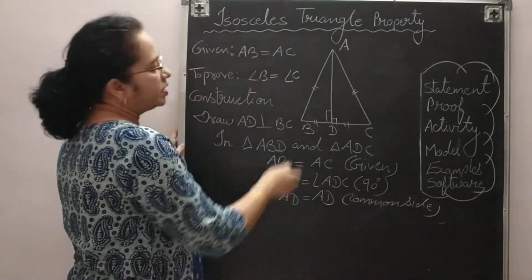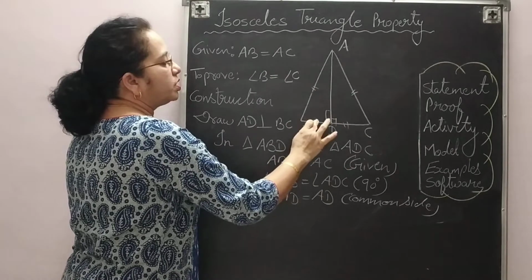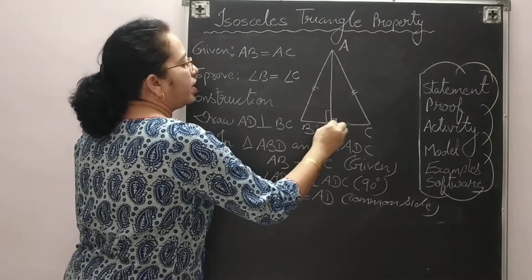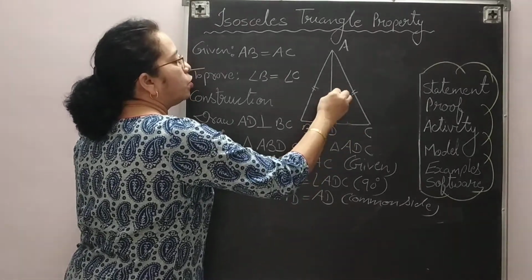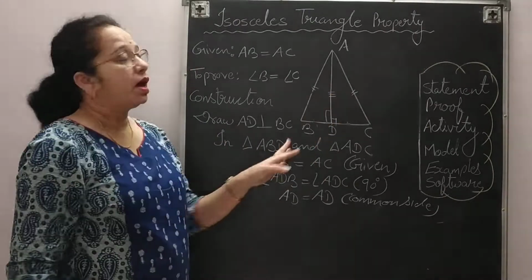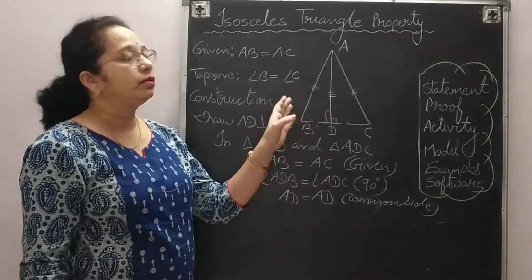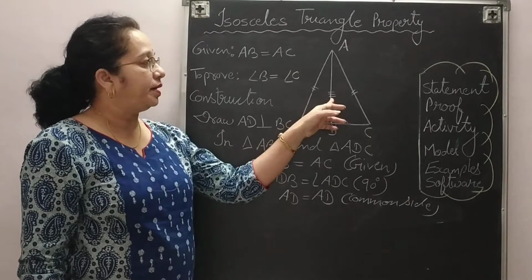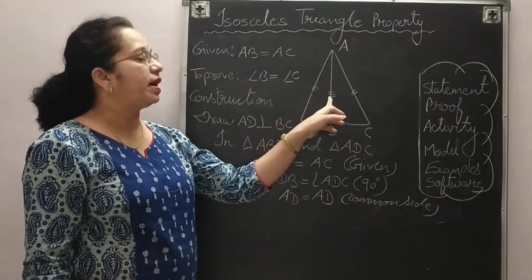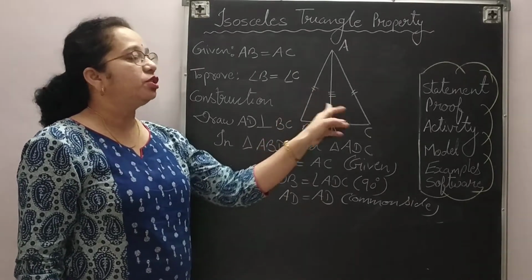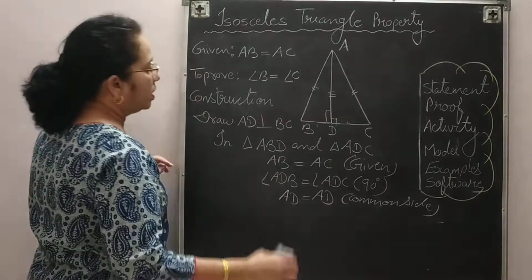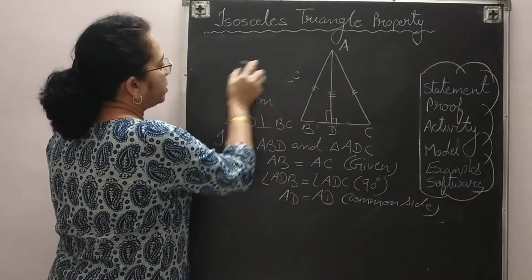Okay, so we can say that two sides and one angle, and here we have a right angle triangle. So we can say that by RHS, right angle, hypotenuse and one side, these two triangles are congruent. So let me clear this so that here I can write down.